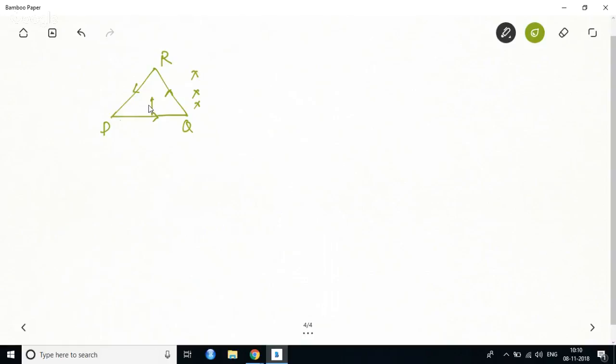So suppose this is F1, this is F2, and this is F3. Once I found out the magnitude, F1, F2, F3 is equal to 1 Newton.